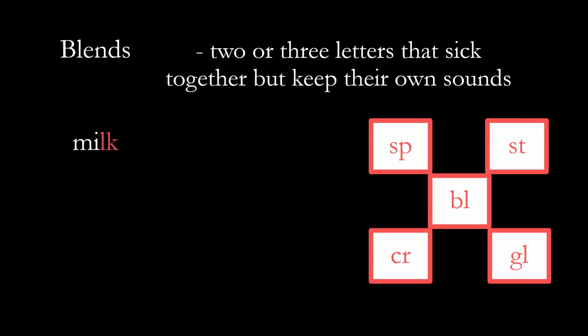And you'll see them in words like milk, milk. Okay, we can hear all of those sounds. We can hear all of those letters. And spin. Spin. Okay, so blends are very similar to digraphs, except when we have a blend, we can hear each letter.